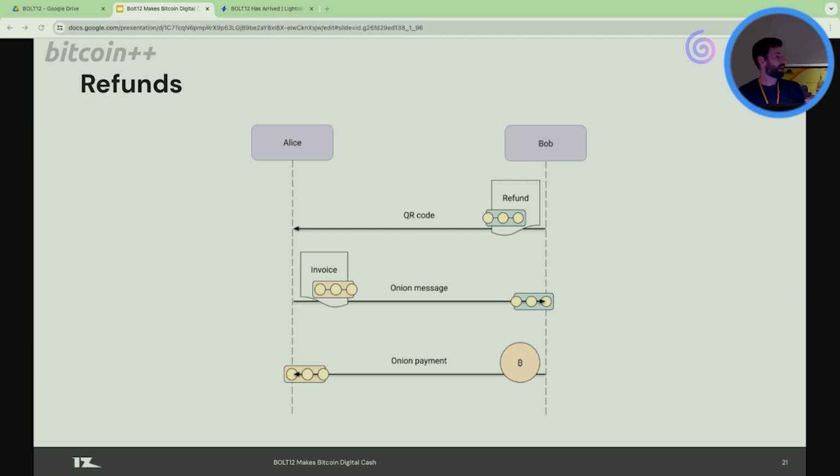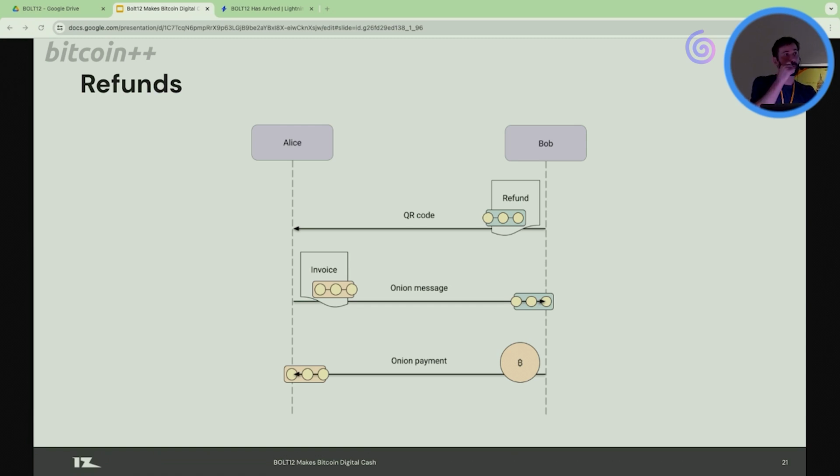Now he may be refunding the money to Alice, so he would present a refund, which is essentially some offer records and some invoice request records, but as a QR code. And it won't be signed, just like an offer wasn't signed. Now Alice would directly send an invoice to Bob using any blinded paths inside that refund, and then eventually it would be paid. So there's just one step removed from that.